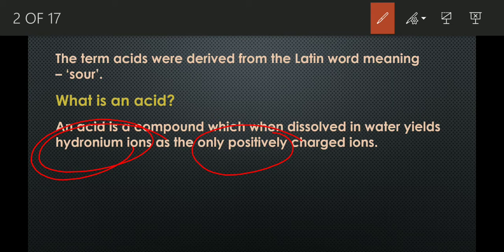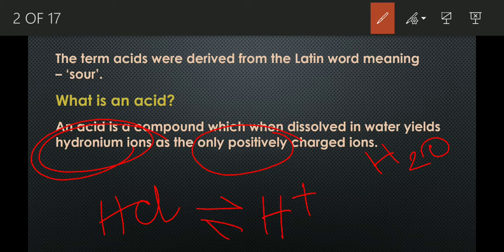Let's take the example of HCl, hydrochloric acid. When it is dissolved in water, it produces the ions H plus and Cl minus. That means it produces hydrogen ion and chloride ion.